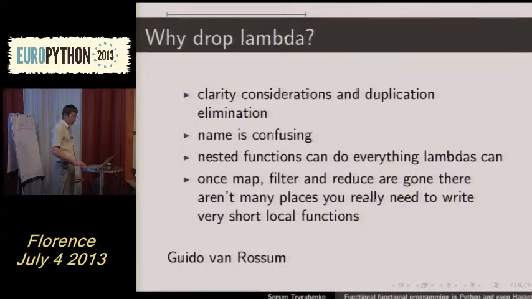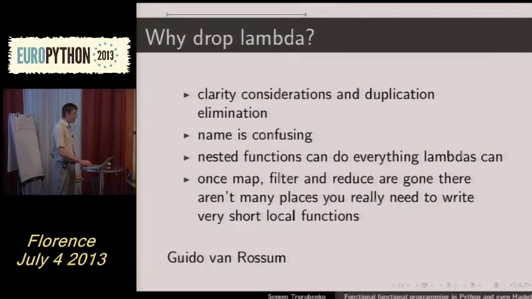So why drop lambda? Well, the name is confusing for those who did not study lambda calculus. It has origins there, and map, filter and reduce are gone. Once they're gone, there wouldn't be very many places where you would want to use lambdas.